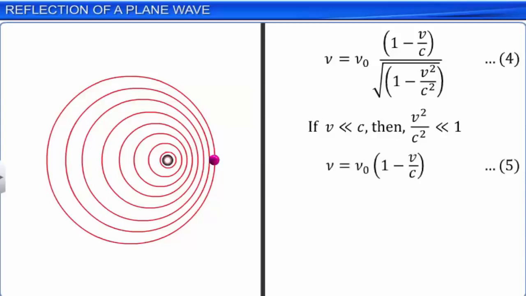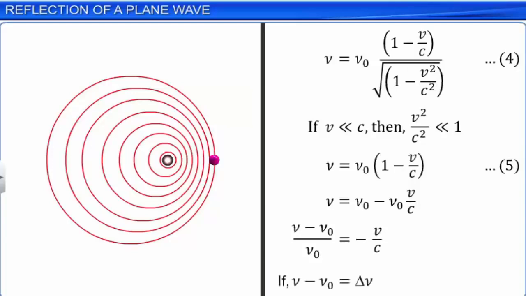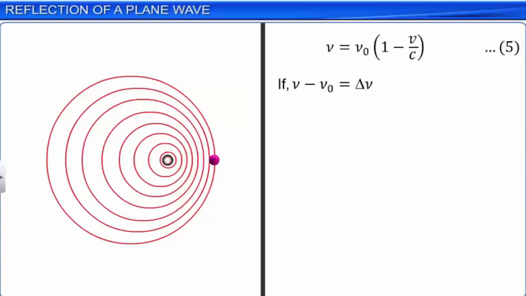Equation 5 can be rewritten as (nu - nu0)/nu0 = -v/c. If the change in the frequency nu - nu0 is written as delta nu, then the fractional change in the frequency, delta nu/nu0, is equal to -v/c.